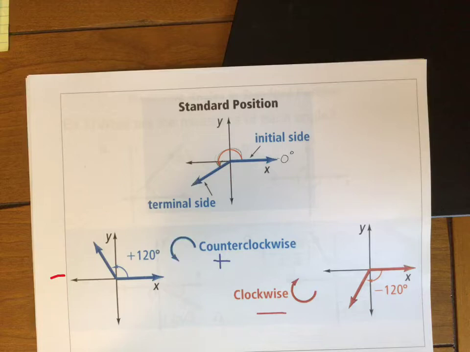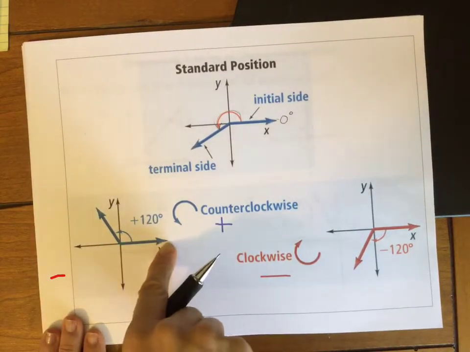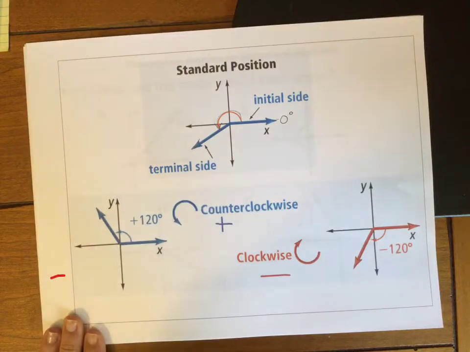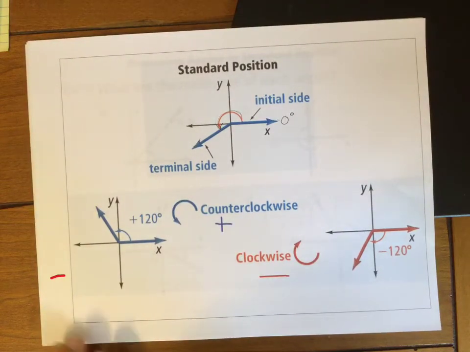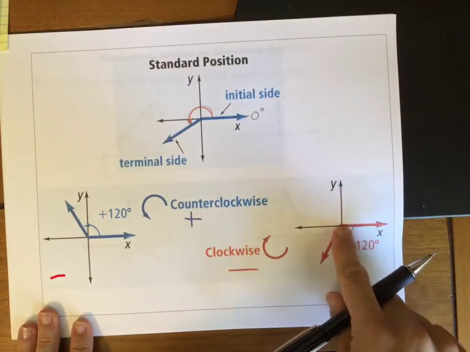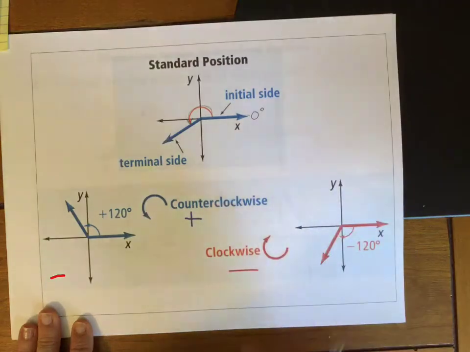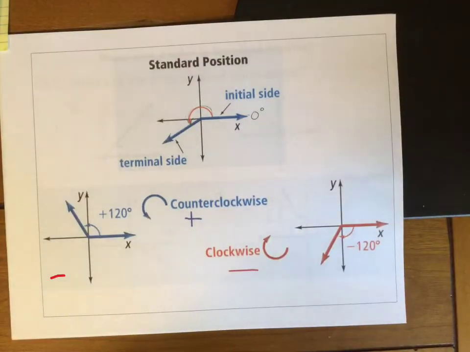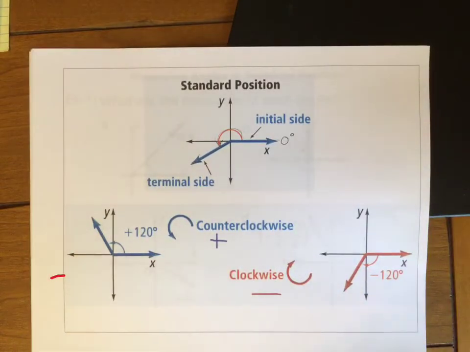So a couple things to note about that is if you're going counterclockwise, initial side to terminal side, that means your angles are always positive. But then if we go clockwise, initial side, terminal side, then the angles are always written as a negative. So make sure you guys get this in your notes. It's really important.